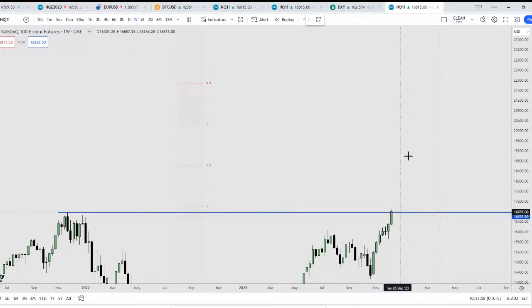So parabolic price action all the way up here, and then we are going to make an SMT high on either the daily or the weekly, but I'm thinking it's going to be the daily SMT highs. So I'm going to assume Nasdaq is going to make a higher high.